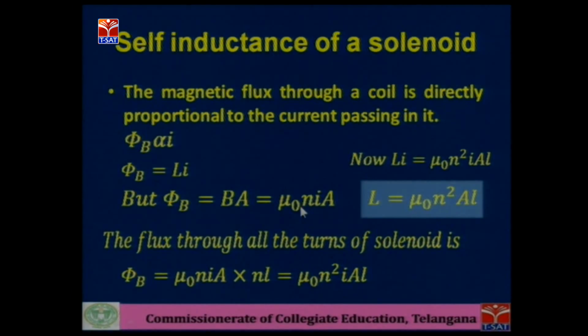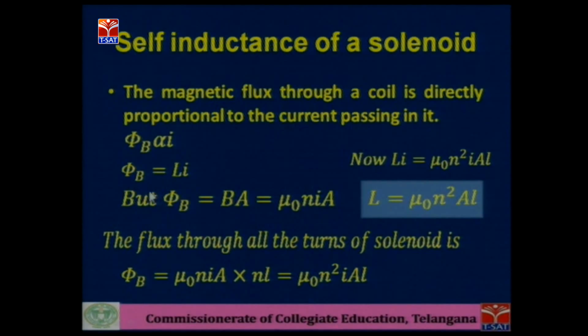We know just before we have calculated the magnetic field due to a solenoid is equal to mu naught n I. So if that is substituted, then magnetic flux becomes mu naught n I A. So the flux through all the turns of the solenoid becomes mu naught n squared I A L.